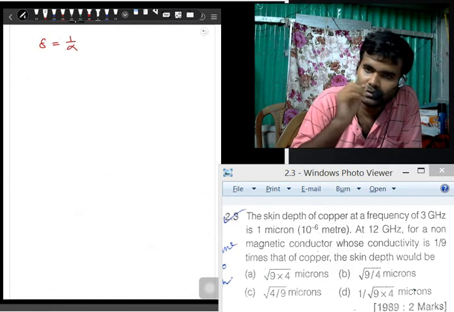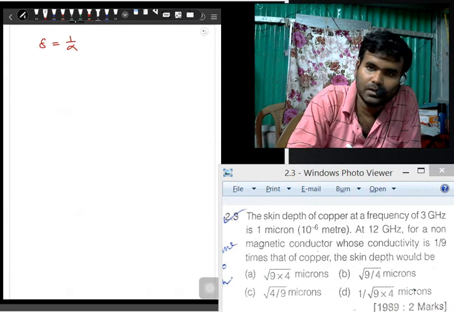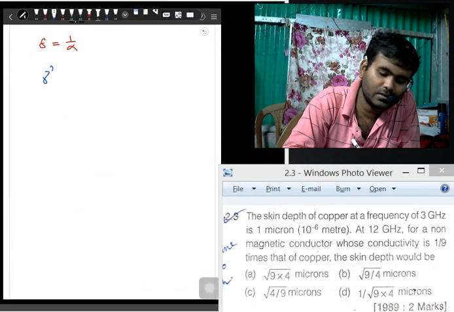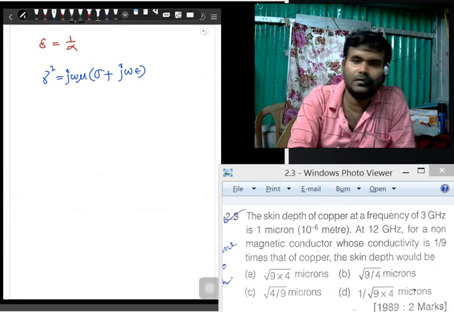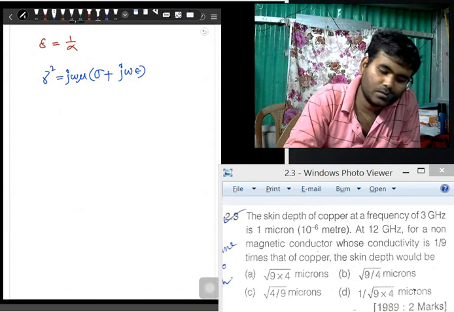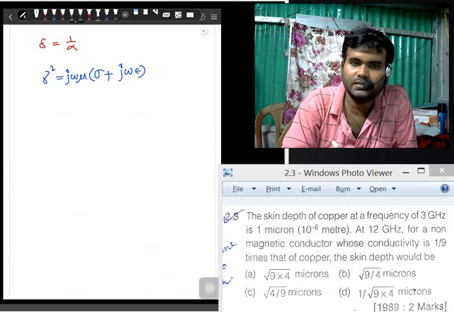First you need the formula for delta. Now you have to remember this formula, otherwise I will recommend you remember this particular formula, that is gamma square is basically j omega mu sigma plus j omega epsilon. You can remember this formula, it is applicable to many places. For a good conductor, we know that the conduction current density is very much greater than the displacement current density.